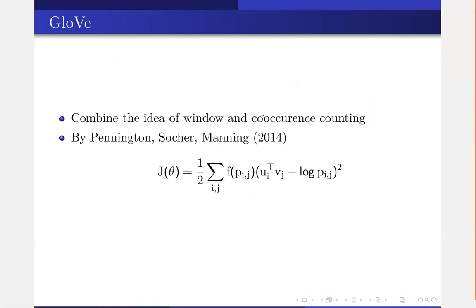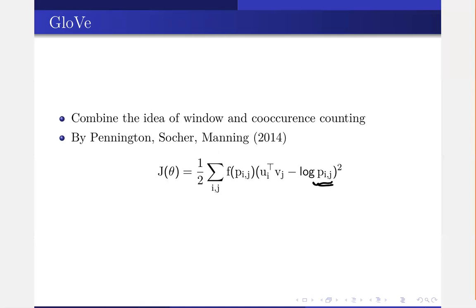So they still have this co-occurrence. Pij here is the co-occurrence, so you have the updated Pij. Let's say you have the co-occurrence matrix, and now you have some new documents that you may update a little bit.